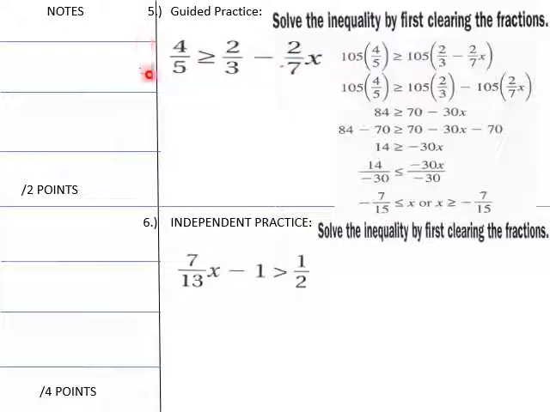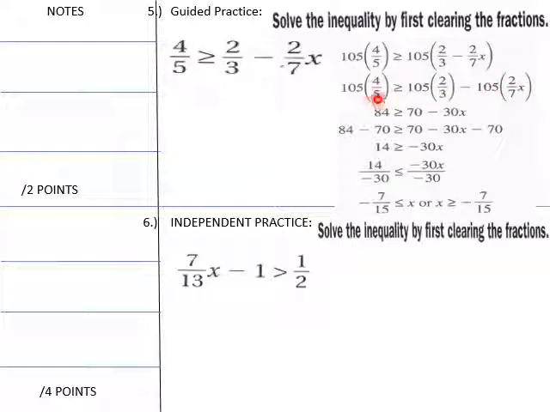So we're going to multiply both sides of our inequality by 105. And then when we do that, we have 105 times 4/5 greater than or equal to 105 times 2/3 minus 105 times 2/7 x.